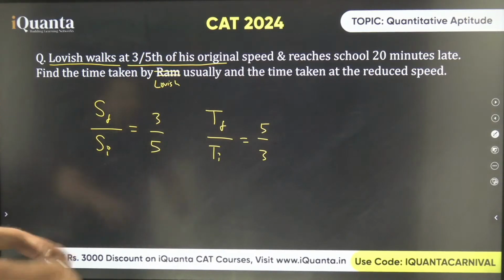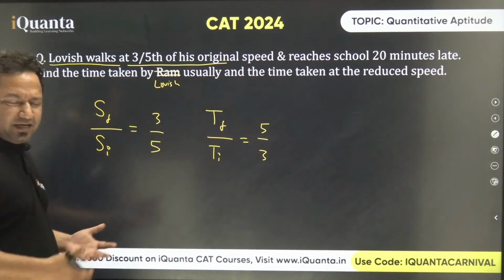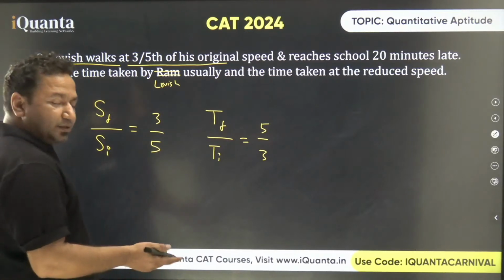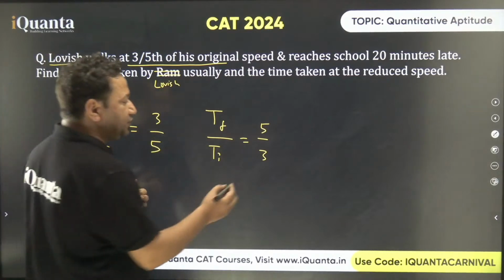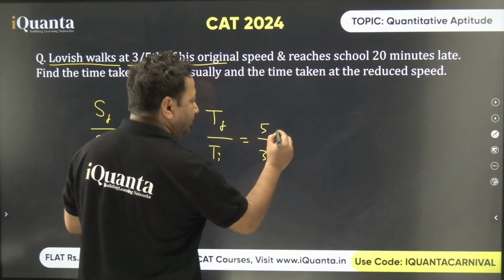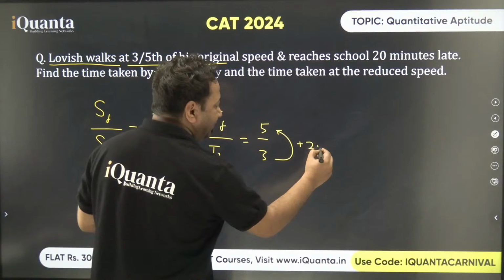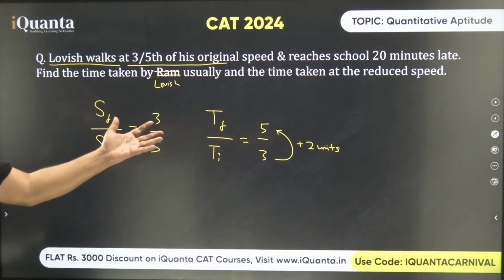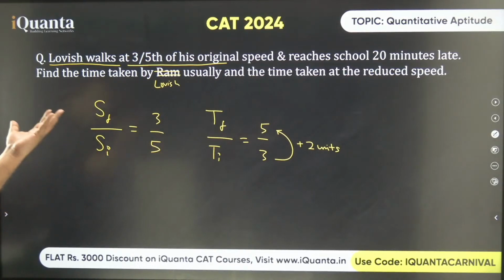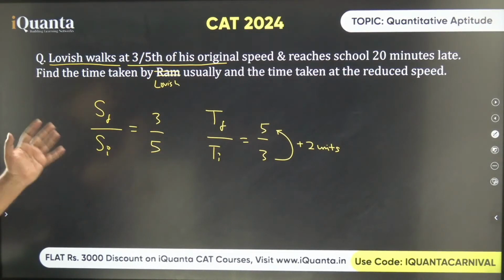Now we'll just do some kind of observation and get our answer. So, in the terms of ratios, or I can say in the world of ratios, things are increasing by 2 units. Okay, 3 becomes 5. So things are increasing by 2 units in terms of ratios.